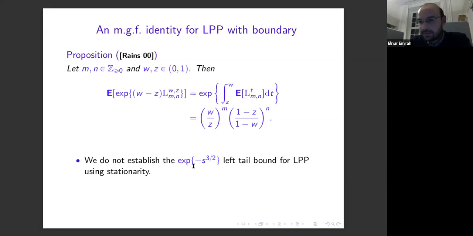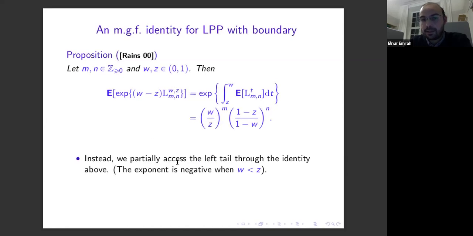Now, we do not establish this s^3 decay for the left tail, but we use this identity to access the left tail partially, just enough so that we can obtain the exit point bounds. Now note that in this identity, if W is less than Z, the exponent is negative, so that grants some access to the left tail.